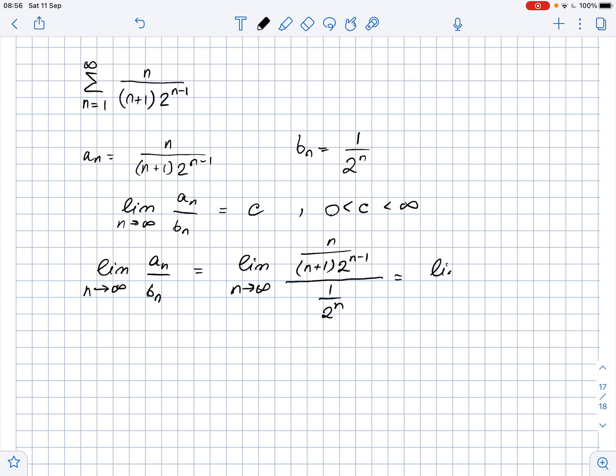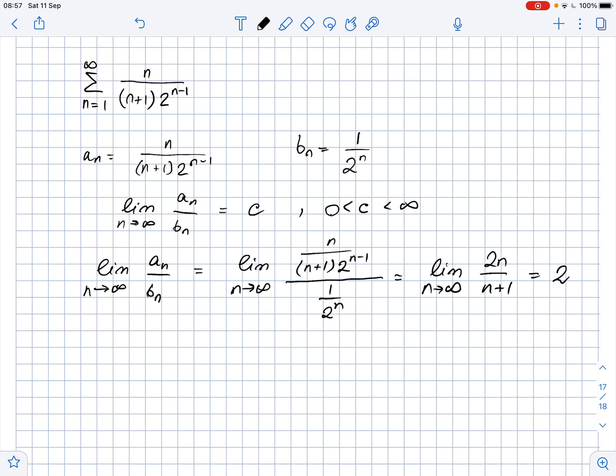Then this equals the limit of 2n over (n plus 1), where n approaches infinity, and this clearly equals 2.